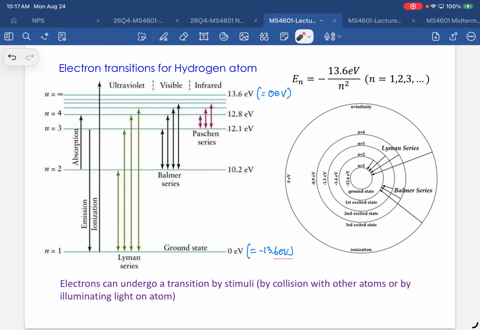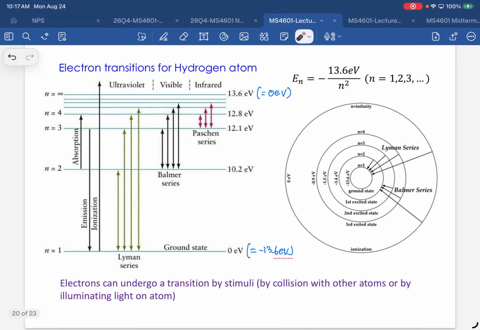Okay? So when the electron is in the ground state, you can excite those electrons. And how do we do that? We give some stimuli, for example, we collide with other atoms, or we illuminate the atom. We are essentially injecting energy into atoms such that electrons can gain some energy and jump to higher energy. There can be many cases.